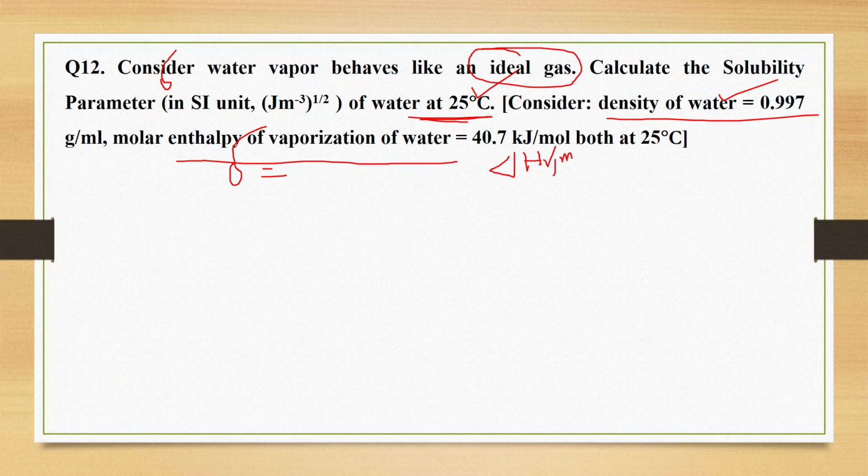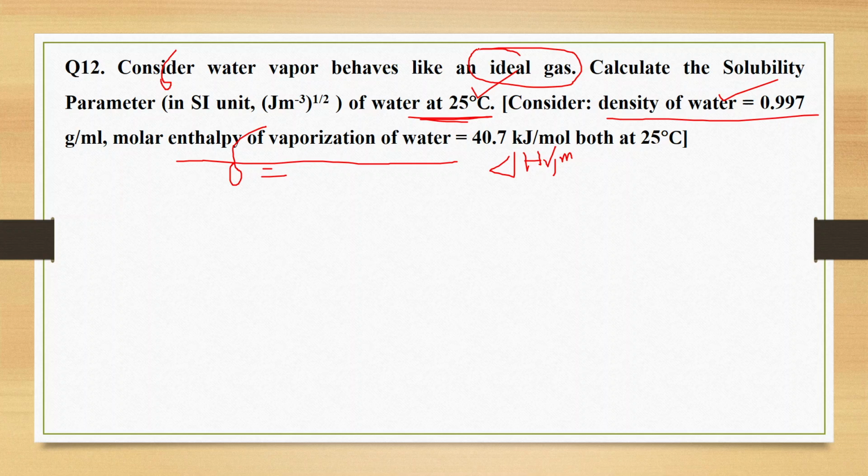Now, I know you will all go to the Hildebrand equation, but there is a particular version of that formula when it comes to ideal situations or ideal gas conditions. So you need to apply that one.